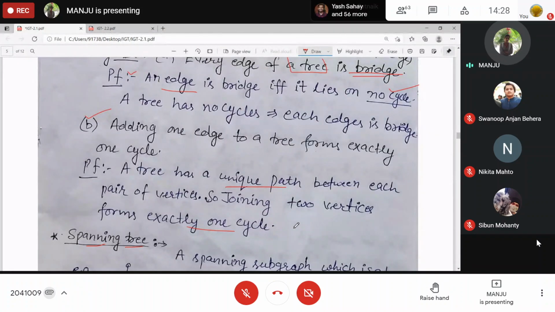Ma'am, number of vertices are same. It should be a subgraph first, right? Spanning subgraph: a subgraph with the same number of vertices.